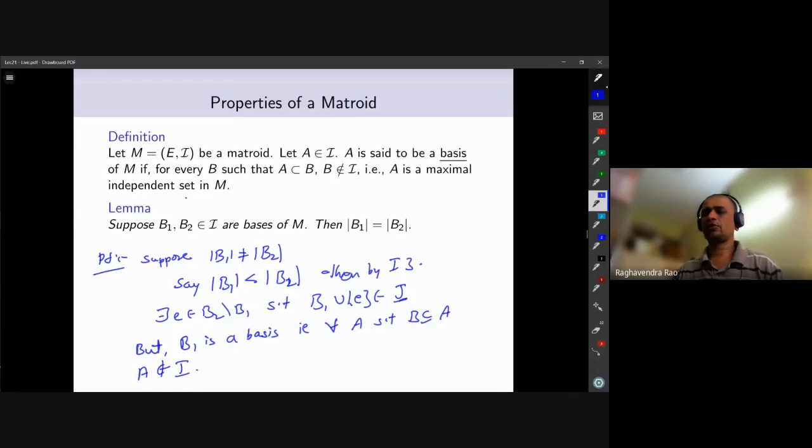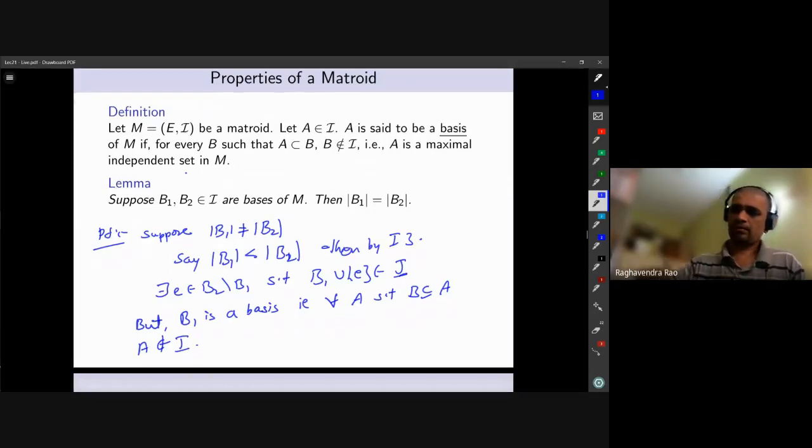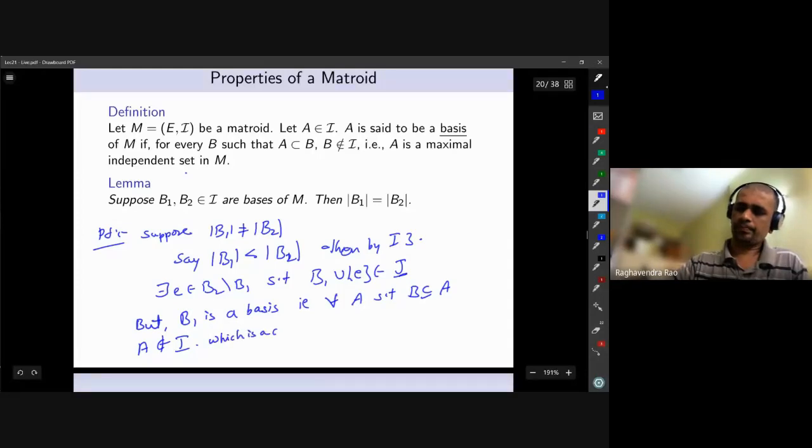It should not be contained in any other independent set. Hence, it is maximal. So it is a contradiction, because we already have B1 union E is independent because of this assumption.